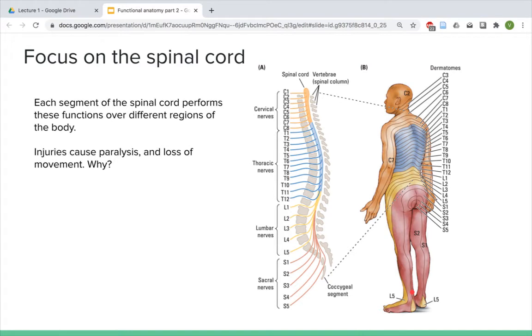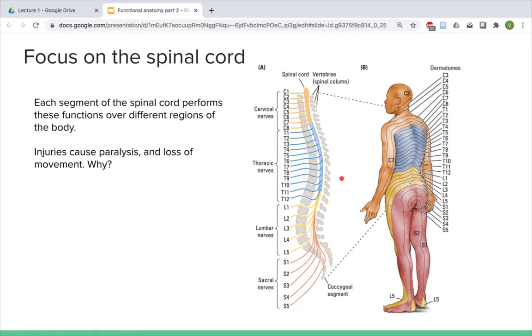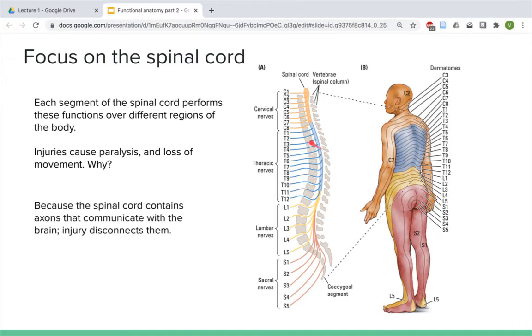This, if you're going into the medical field, is going to be very important information, right? Because if somebody comes in with some injury to their spine or injury to their back and they're experiencing some form of paralysis or loss of sensation, depending upon where that paralysis is, you should be able to locate the location of the injury. And the reason, of course, there's paralysis is because the spinal cord just doesn't contain the gray matter here.